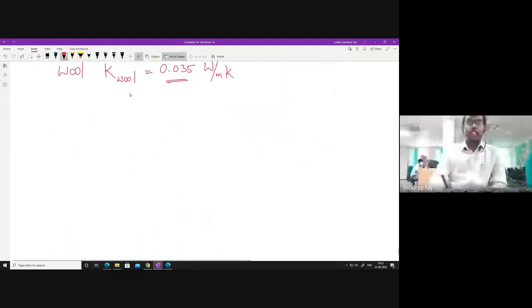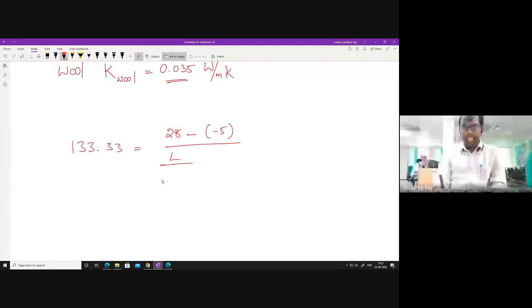That is, if Q is 133.33 and your body temperature is 28 and the outside atmosphere is -5, and you want the thickness of the wool, whose thermal conductivity is 0.035 and the area is 1.1, plus 1 by 25 into 1.1, this is 1 by HA I am taking. If this is the case, tell me what is the value of L.